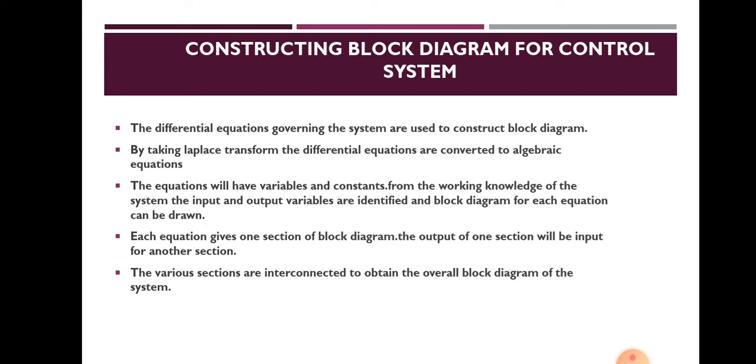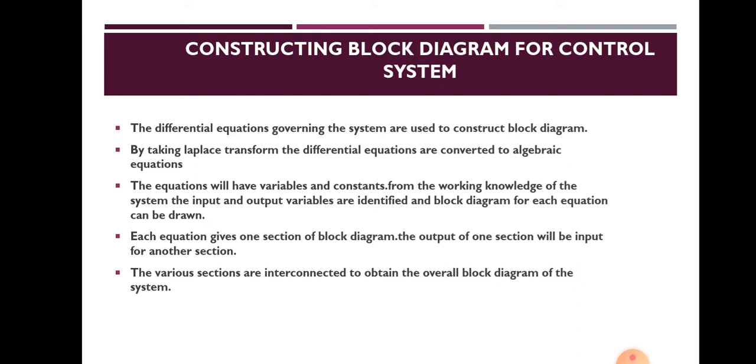These differential equations are then converted into algebraic equations, which have variables and constants. From the working knowledge of the system, input and output variables are identified, and the block diagram for each equation can be drawn. Each equation gives one section of the block diagram, and the output of one section will be the input for another section.